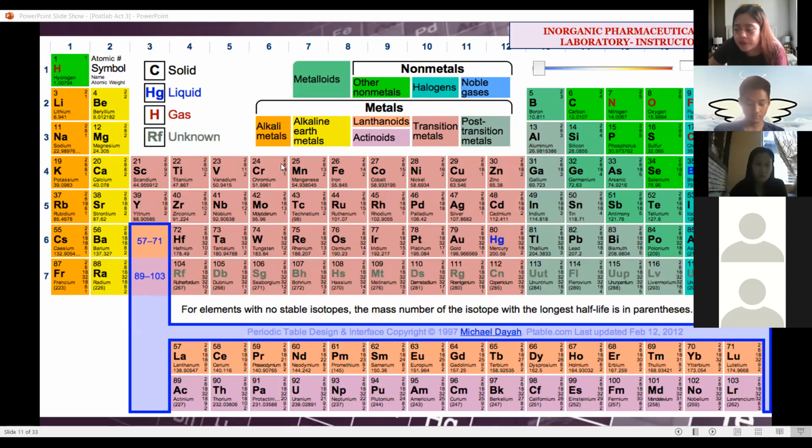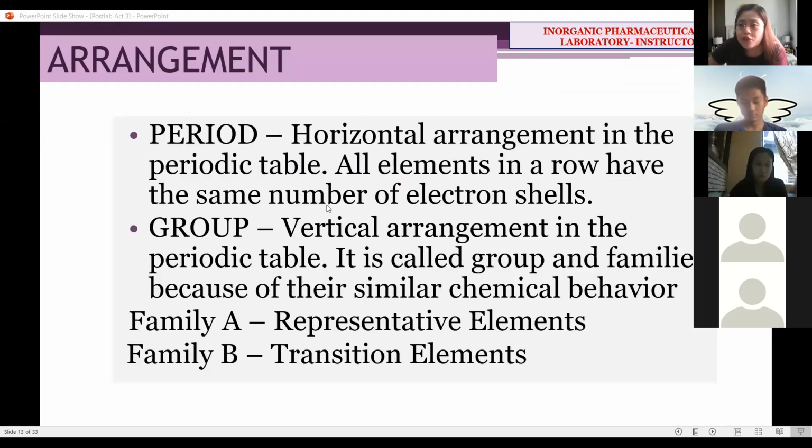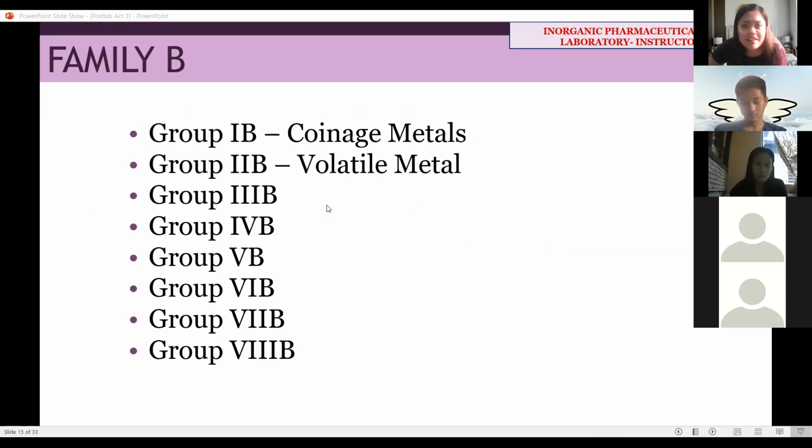Pwede ka magkaroon og spongy brain. Kita sa sponge nga ginagamit ninyo maghugas og plato, di ba nga butas-butas. Ingana ang mahitabo sa brain pag you will have accumulated daghan kaayo nga mercury sa body. Okay? Questions so far?